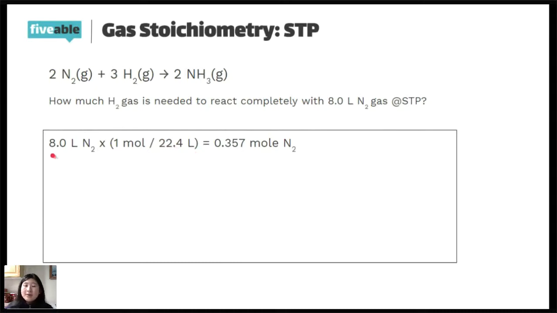This is a unit conversion equation, and it's going to end up with 0.357 moles of nitrogen gas. Let me know if you guys are still following along. We're just trying to find the amount of nitrogen gas we have.